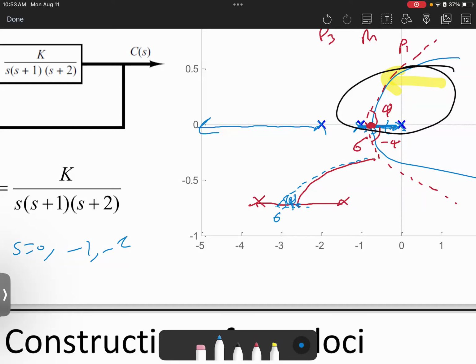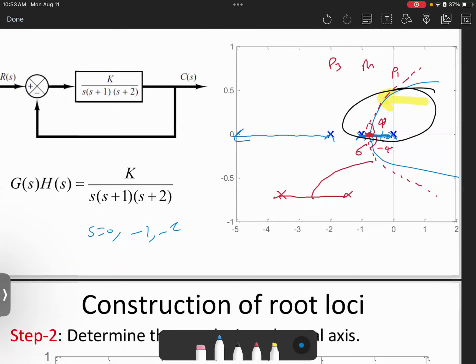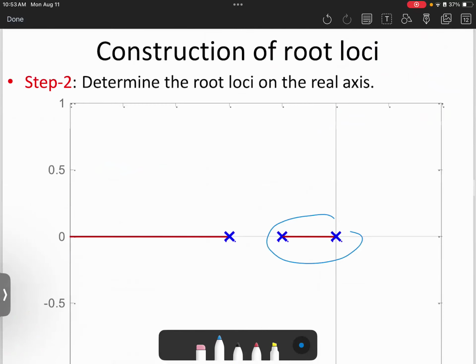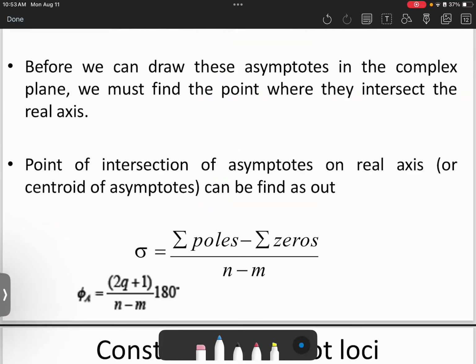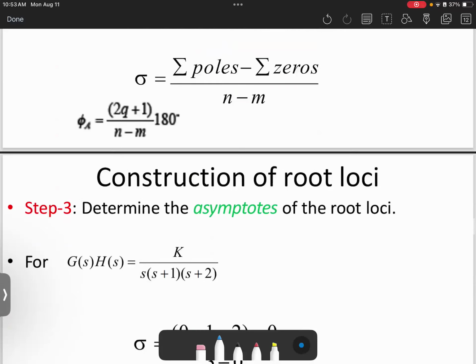So to determine the asymptotes, in order to find sigma and the angle, sigma is the sum of poles minus the sum of zeros, divided by the number of poles minus the number of zeros, n minus m. Then the angle is (2q plus 1) divided by (n minus m), times 180.